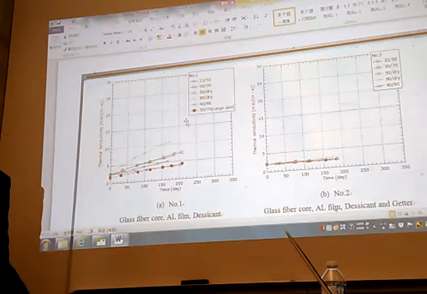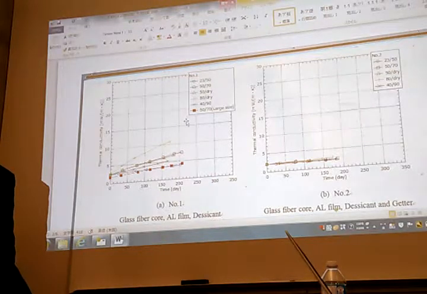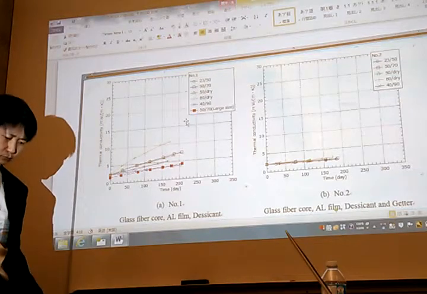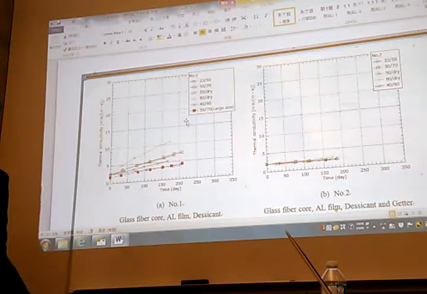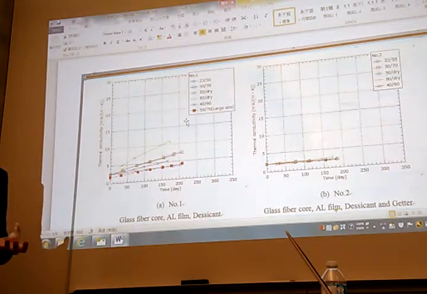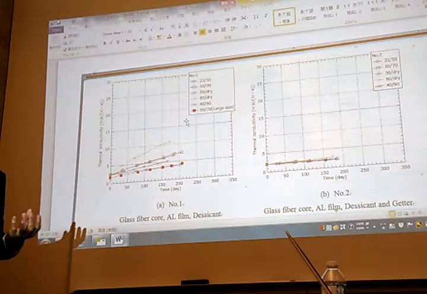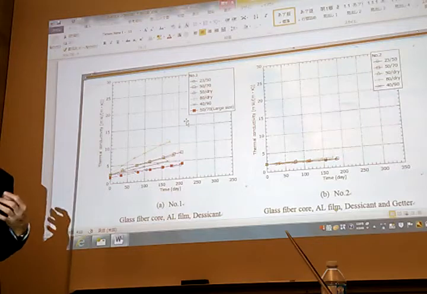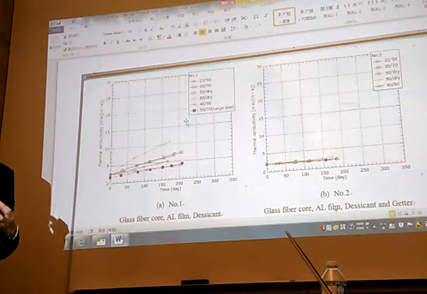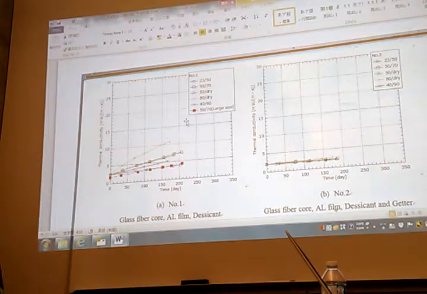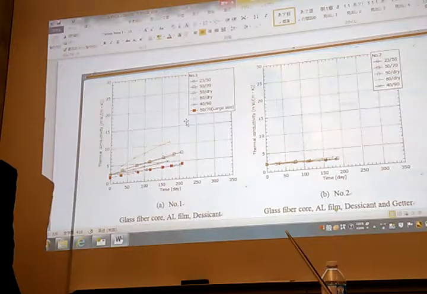The speed is not different, and the amount is not different. Yeah. But the gas contains argon, and the getter can absorb the argon, such kind of air molecule.